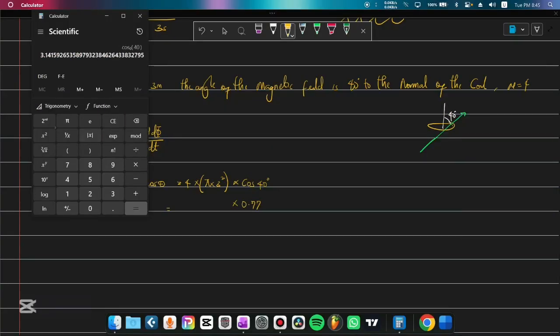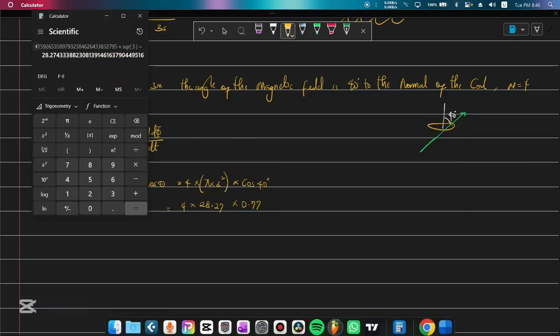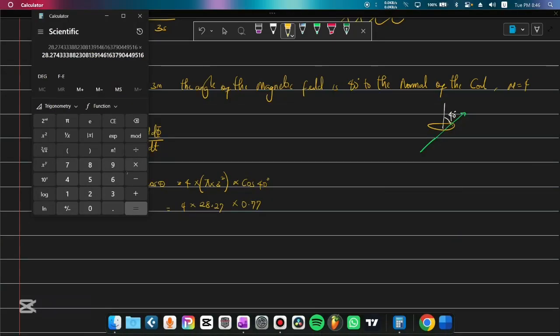Pi multiplied by 3 squared, we have 28.27. 28.27 times 4. And when we multiply everything together, we have 28.27 times 4 times 0.77. Our final answer is equal to 87.08.